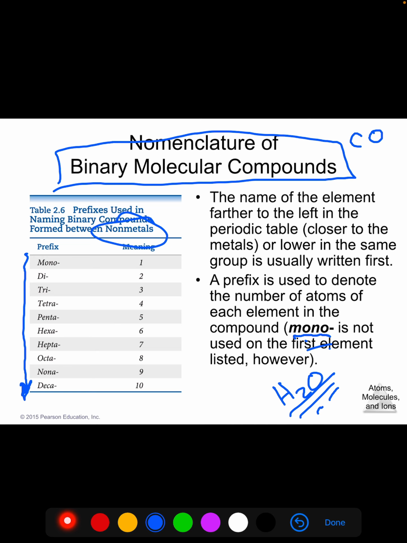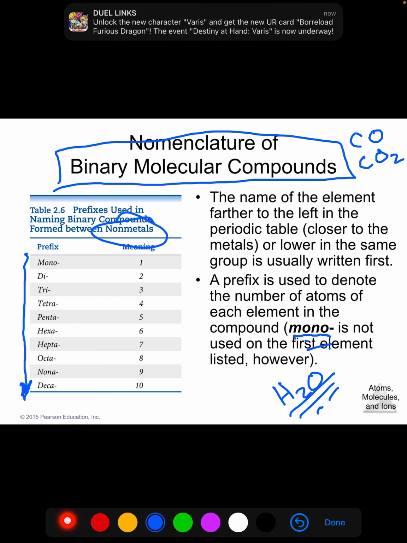People who know the rules would know what you're talking about, but everyone calls it water. And there are a few other compounds like that. Carbon monoxide could be carbon oxide, but carbon dioxide is clearly CO2. Okay? And we'll talk about some other ones, phosphorus pentachloride, and the like.